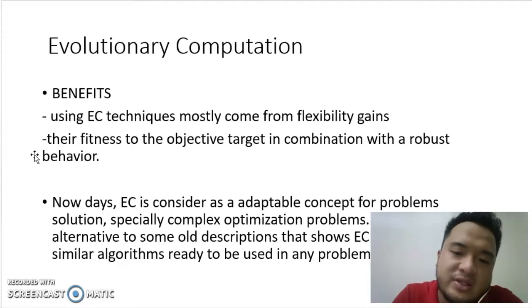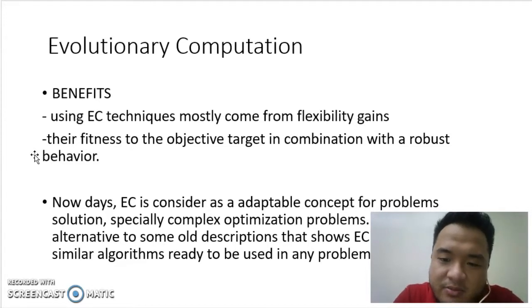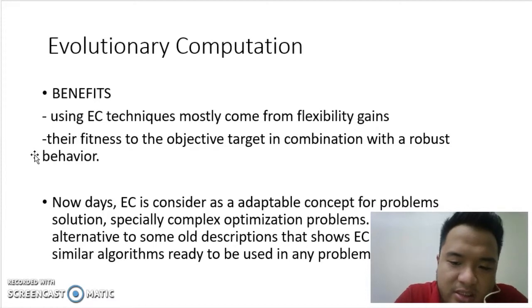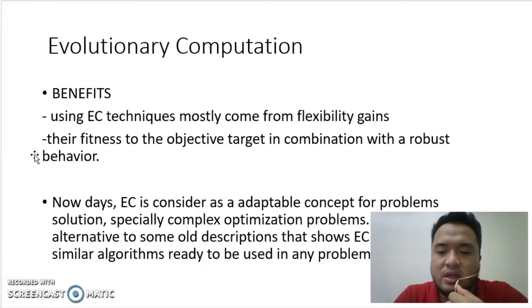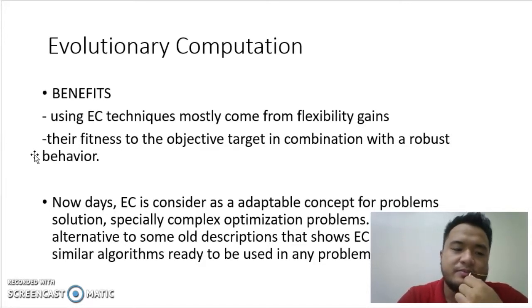Nowadays, EC is considered an adaptable concept for problem solutions, especially complex computation problems. This vision is an alternative to some old discussion that shows EC as a collection of similar algorithms ready to be used in any problem.